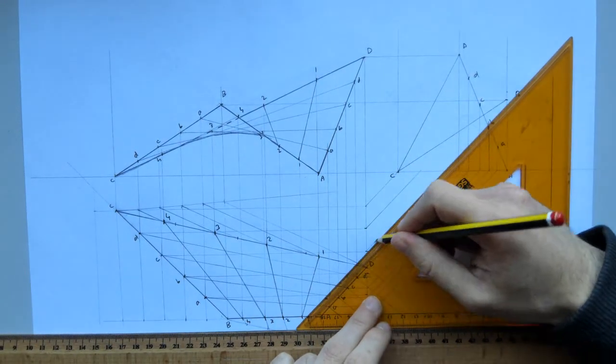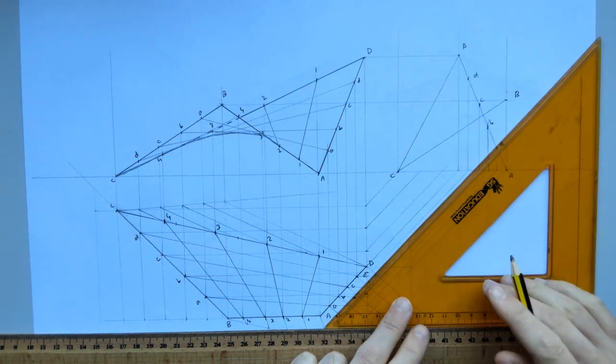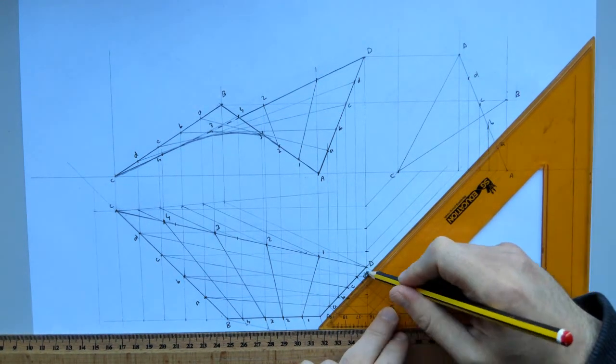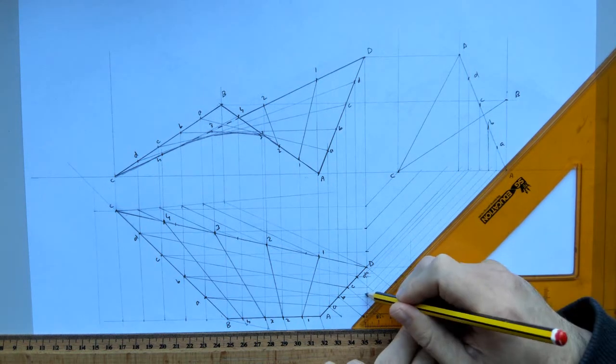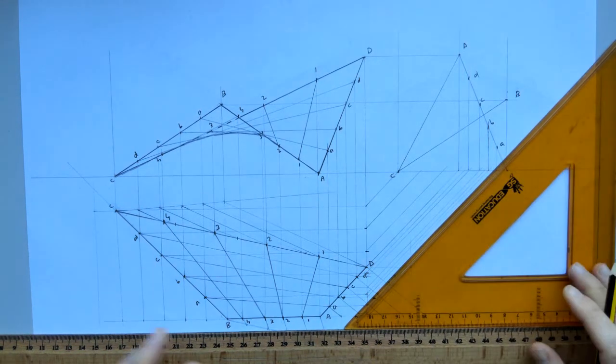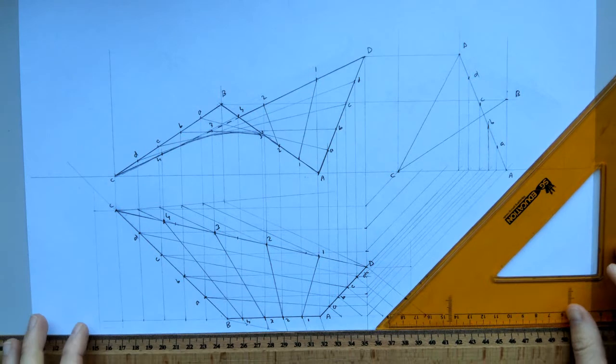So D, C, B is here, and finally A is there. So we're looking along the line CB.